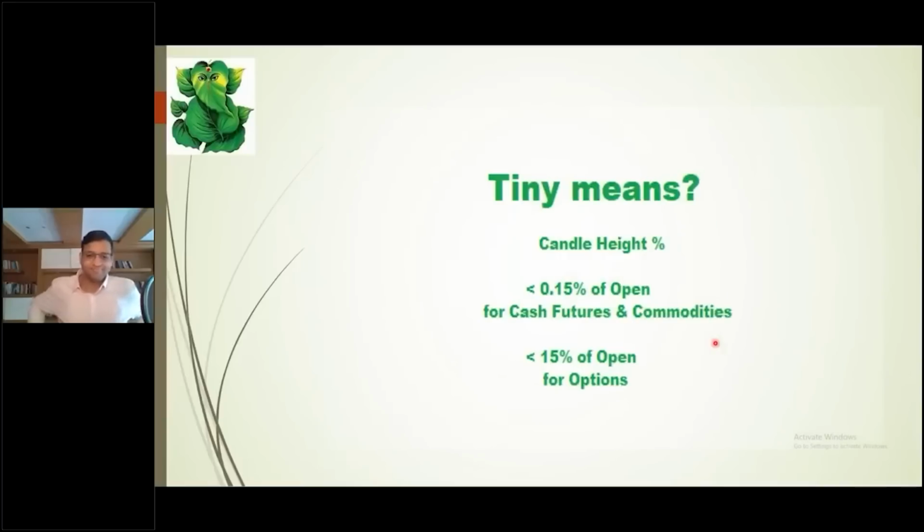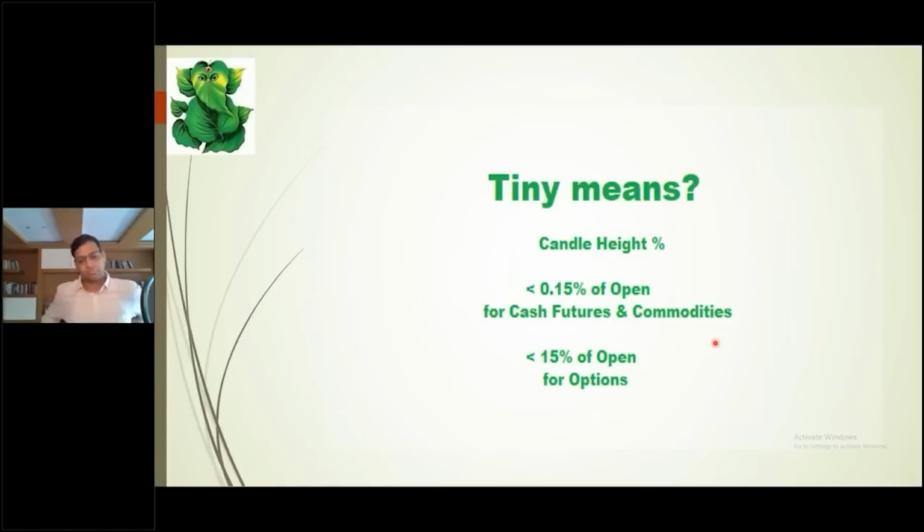So now what does that tiny mean? Tiny means, in a coding description, candle height percentage should be less than 0.15% of open. On that day when you do the coding, you have the open price surely.